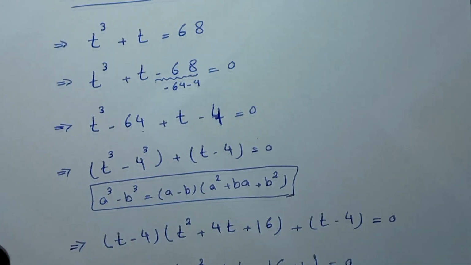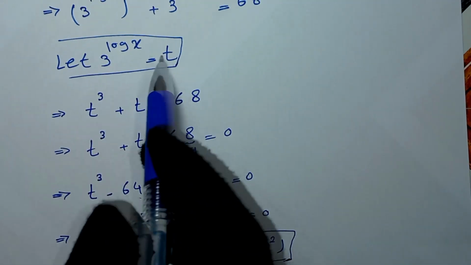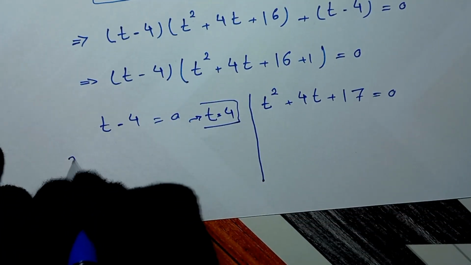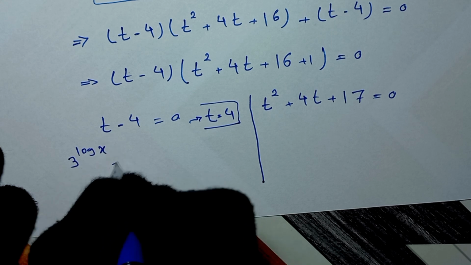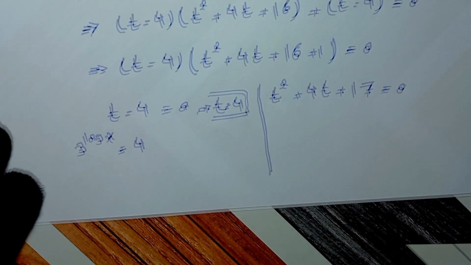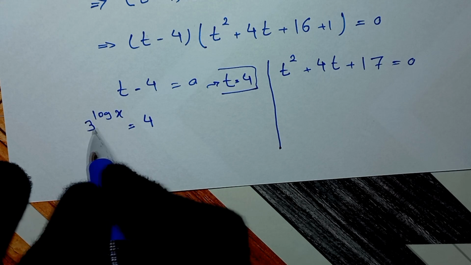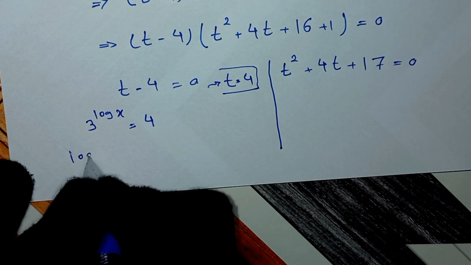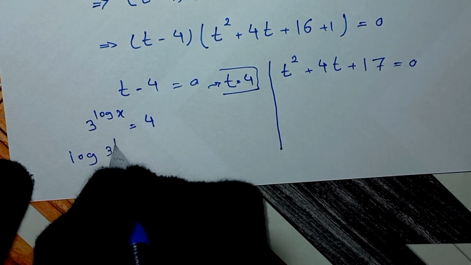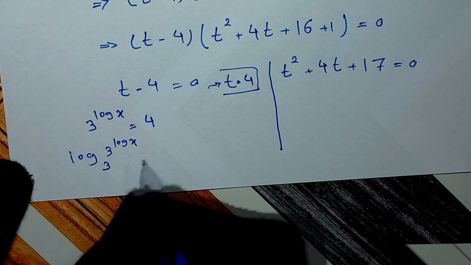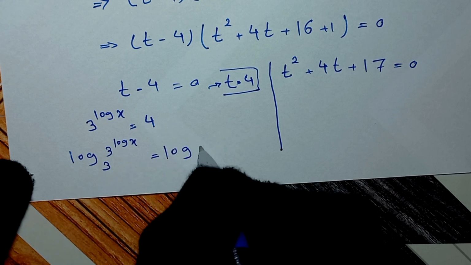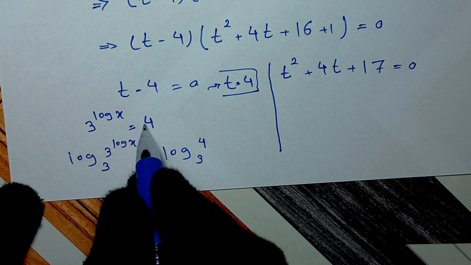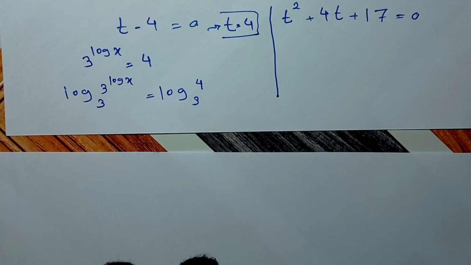We recall that t is equal to 3 to the power of log x. So we write 3 to the power of log x is equal to t, and t is 4. In the next step, we apply log base 3 to both sides of this equation, and it will be log base 3 of 3 to the power of log x equal to log base 3 of 4, right?